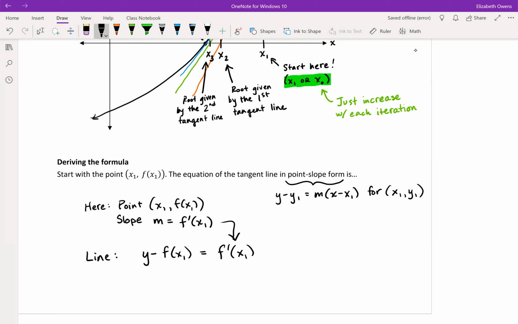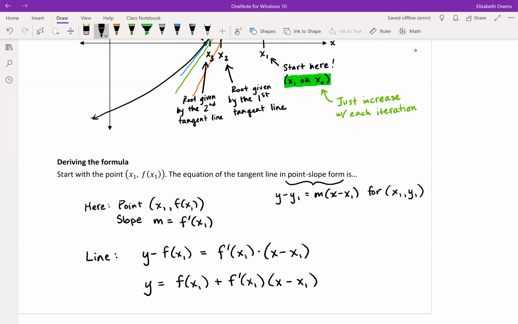Stick that in there, and then times x minus x1. So there's our nice point slope form of a line. If you were to add f of x1 to both sides of the equation to get this solved for y, that would look like this: y equals f of x1 plus f prime of x1 times x minus x1.